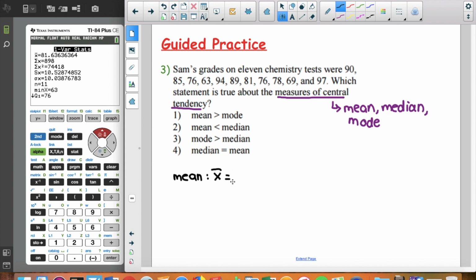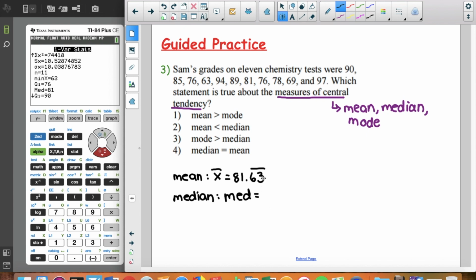So the 63 repeats. So this is 81.63 repeating. That's our mean. Our median is represented by where it says Med. So when you scroll down, it does say Med. So it's represented by Med.